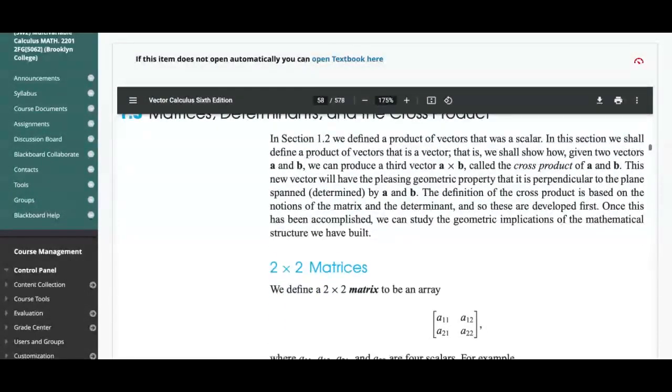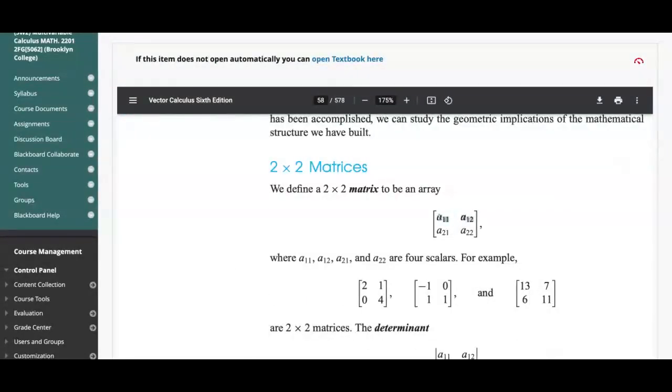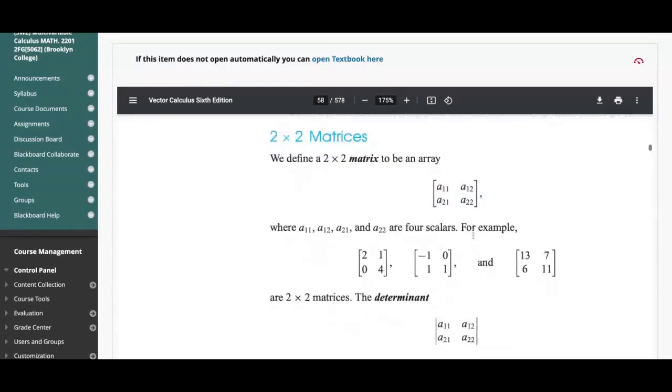In a 2 by 2 matrix, we can look at this as a vector and this as another vector that we call row vectors. Well, we can treat A11, A21 as a vector. That's called a column vector. And A12, A22. You can treat them as groups of vectors together. So this is a 2 by 2 matrix.